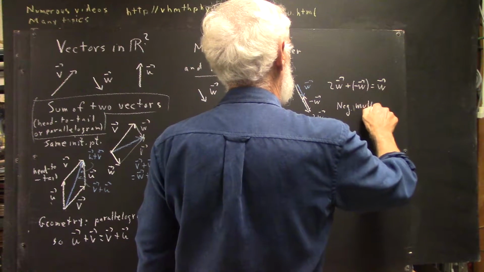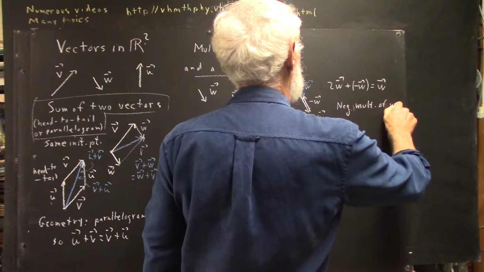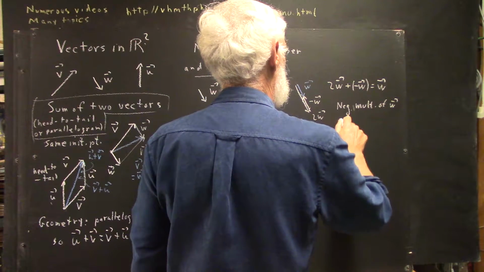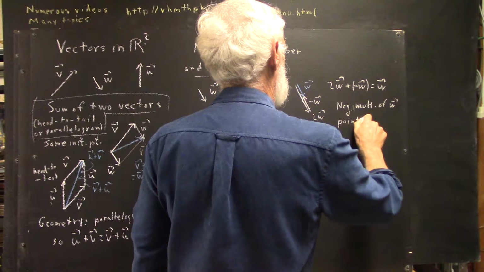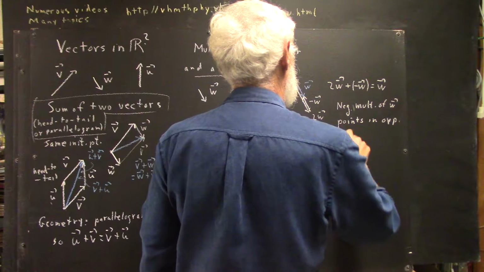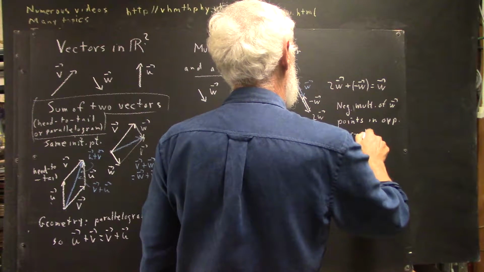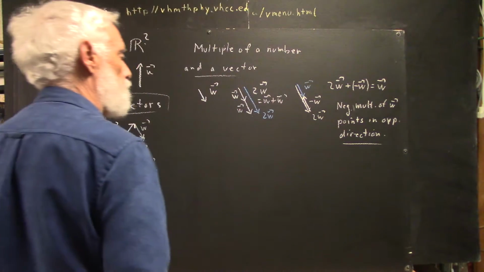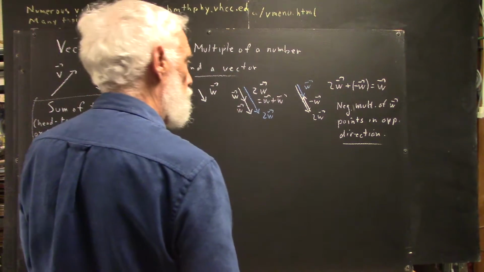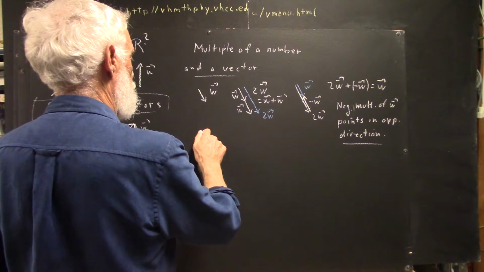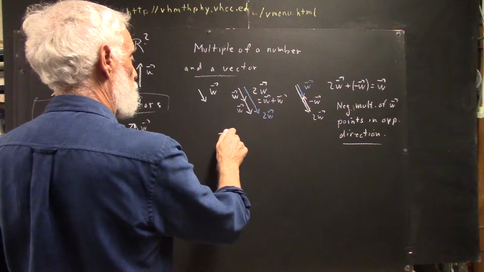So a negative multiple of W points in the opposite direction. So now what if I wanted to do negative 3W?